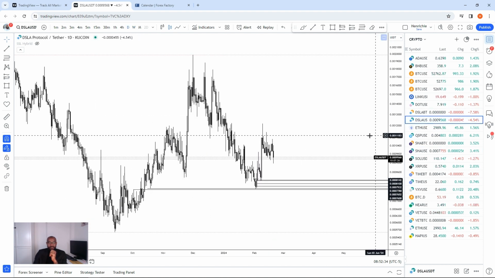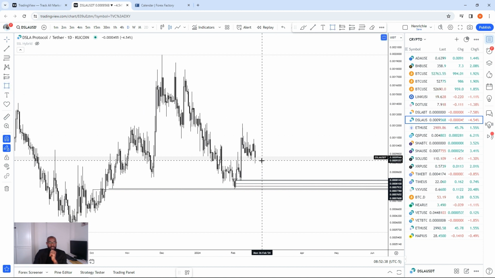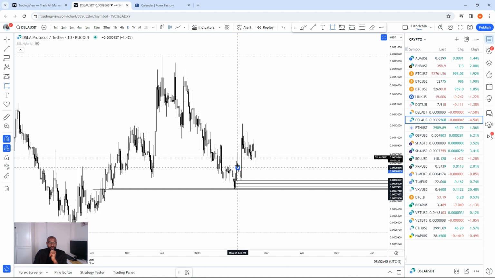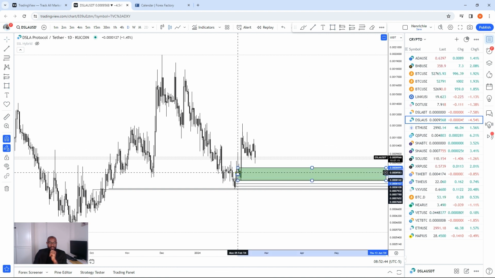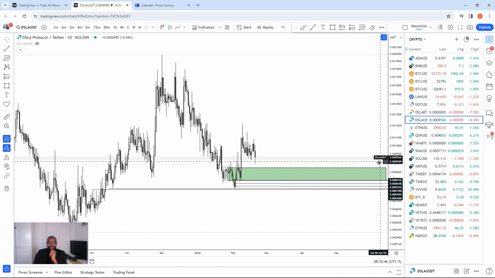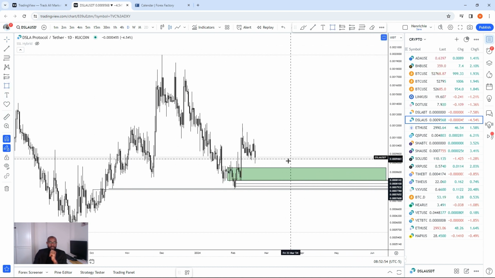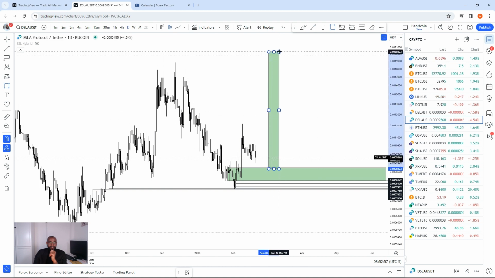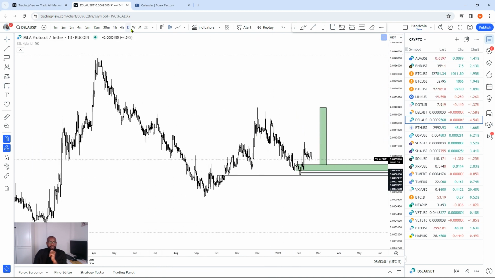DSLA protocol, negative. So if I was to get back into DSLA protocol, I'll anticipate for that to come here. And as long as we're bullish, this key level will be the last line of defense before an impulse move to potentially take these highs. That's the only place I see this going to.